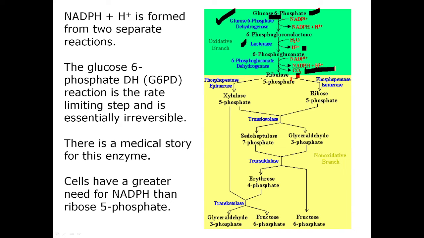Here also we are getting NADPH, a reducing equivalent, which will be required in the synthesis reactions. Okay, so till now, from glucose 6-phosphate to ribulose 5-phosphate, this reaction we call the oxidative reactions of the pentose phosphate pathway.